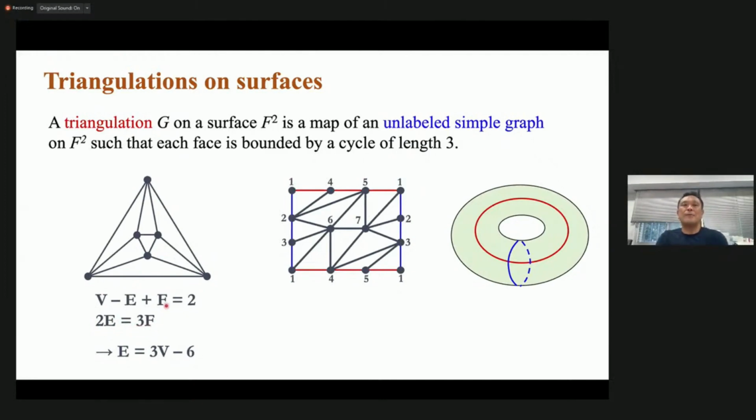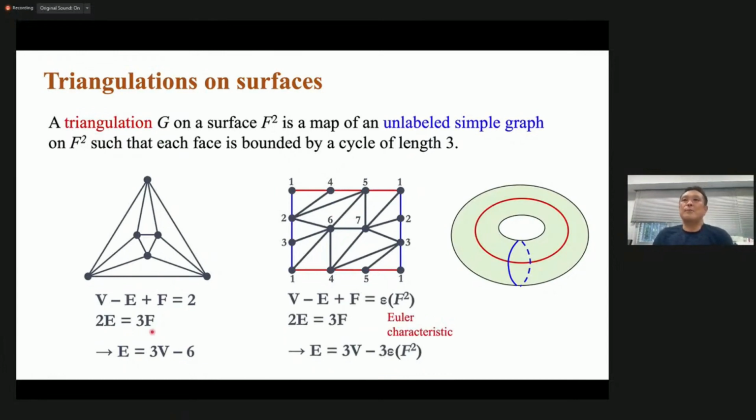Eliminating f from these two equations, we get this: the number of edges equals 3 times the number of vertices minus 6. This means if we fix the number of vertices in a triangulation, then the number of edges is automatically determined. Moreover, by this relation, the number of faces is also automatically determined by V. Please remember this.